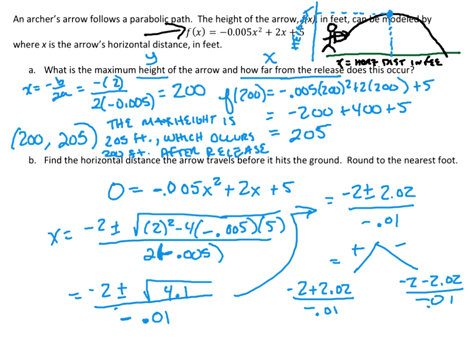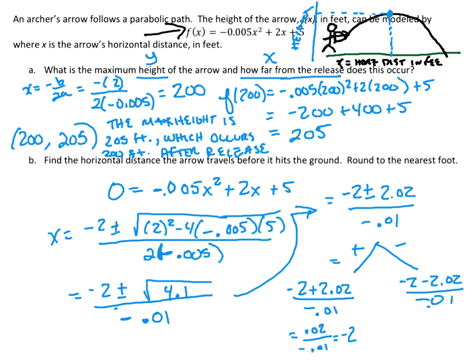So we're trying to find out how far it had to travel before it hit the ground, before it came back down. Okay, so here we have 0.02 divided by negative 0.01. And that's going to give me negative 2.